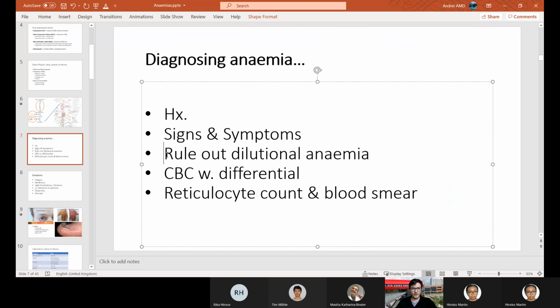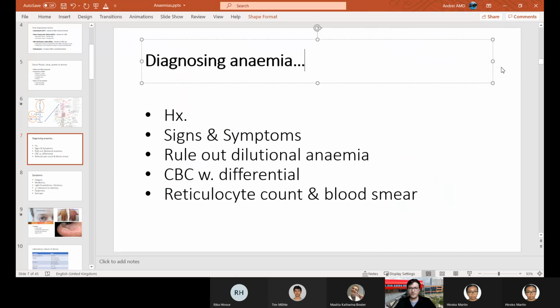We have to make sure that they're hydrated, because if they are dehydrated, it might seem like they have a lot of hemoglobin, a lot of red blood cells, but it just happens that they're dehydrated. You see how if the volume increases, the concentration will decrease.